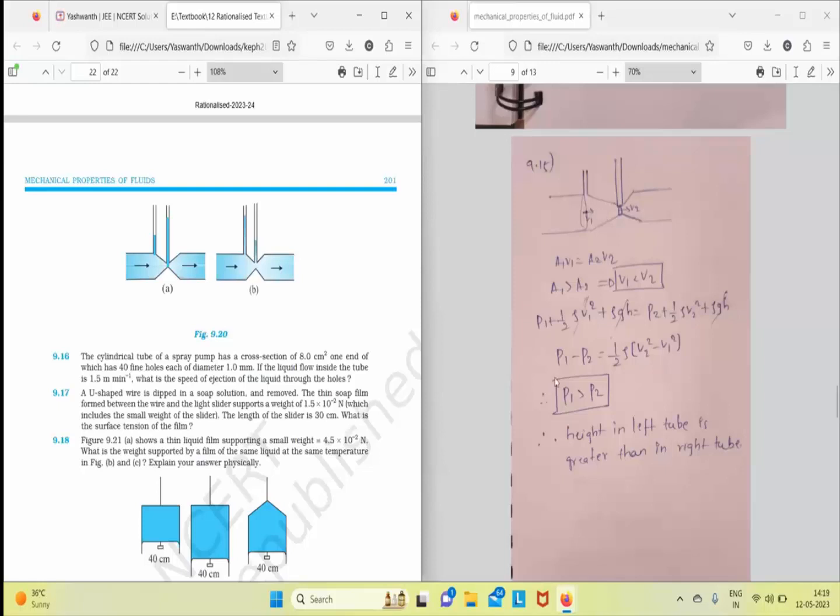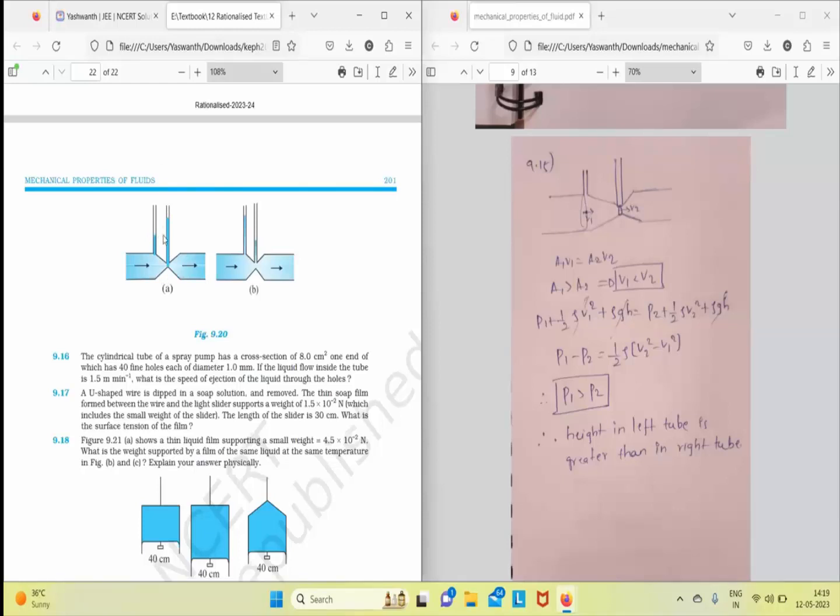So what we got from these two equations, the equation of continuity and Bernoulli's equation, is that the pressure at this point is greater than the pressure at this point. If you observe, these two are capillary tubes, right? This is the observation we made. And you can see some amount of liquid rise in the capillary tube, as in the barometer case, right?